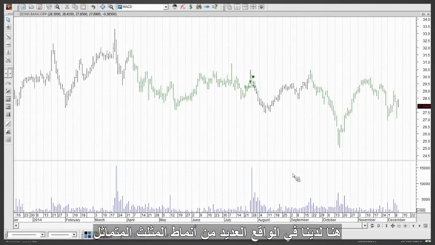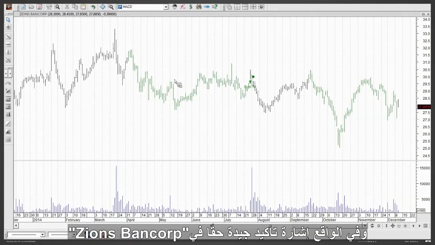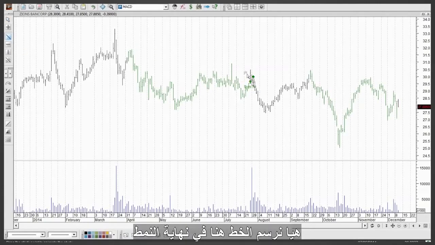Okay, so here we actually have multiple symmetrical triangle patterns, and we have a really good confirmation signal on Zions Bank. Now let's take our trend lines and draw them here to the end of the pattern.